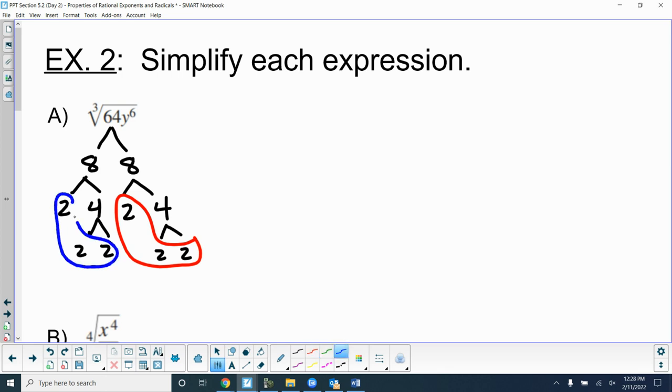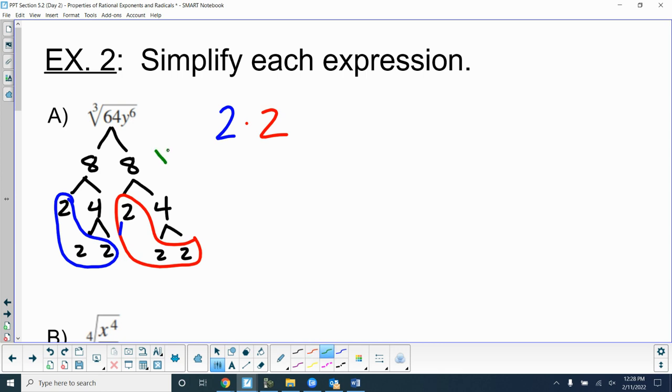And this one, right? So how many 2's get pulled out? 2. What do I do with the two twos? Multiply. Okay? So for the blue set of twos, a 2 comes out. For the red set of twos, a red 2 comes out. And you multiply them.